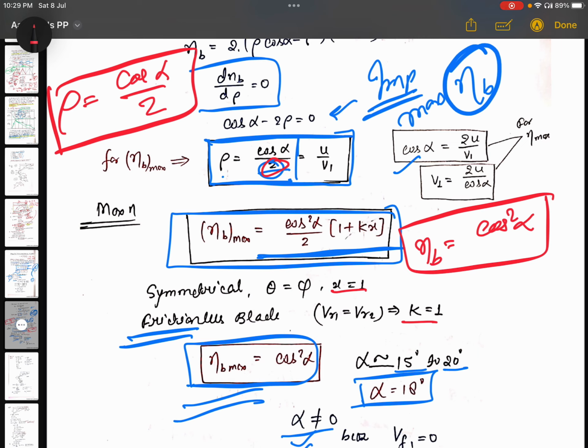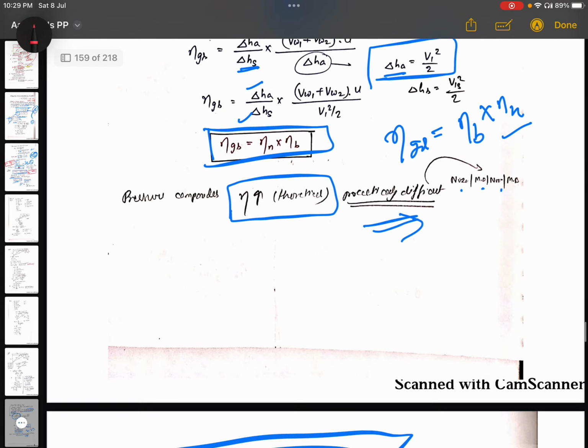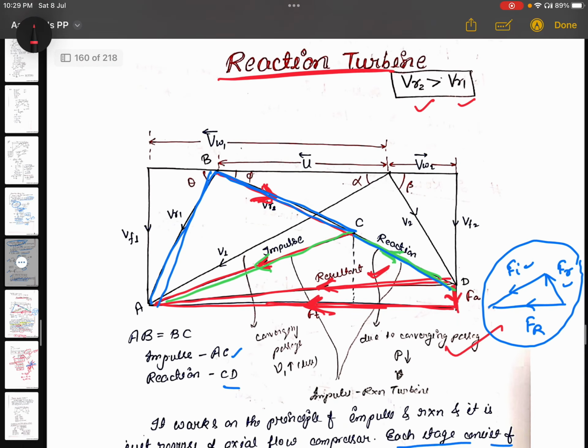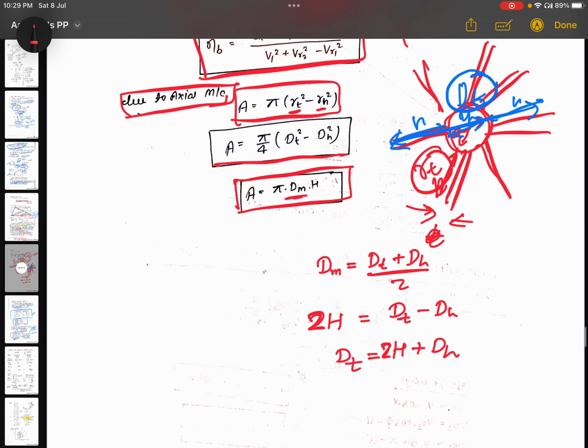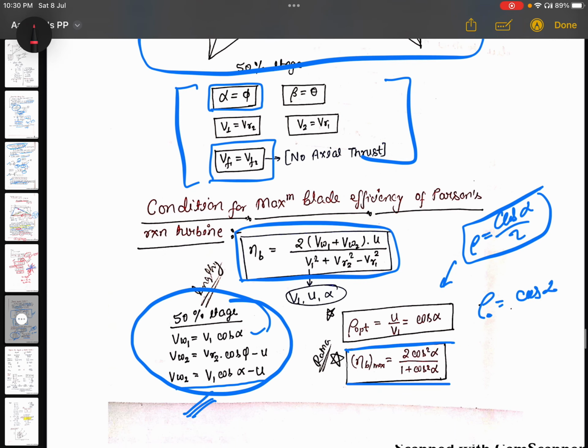So we can say that the blade efficiency is cos square alpha, and in the case of the reaction turbine, we are getting blade efficiency 2 cos square alpha upon 1 plus cos square alpha, which is more.